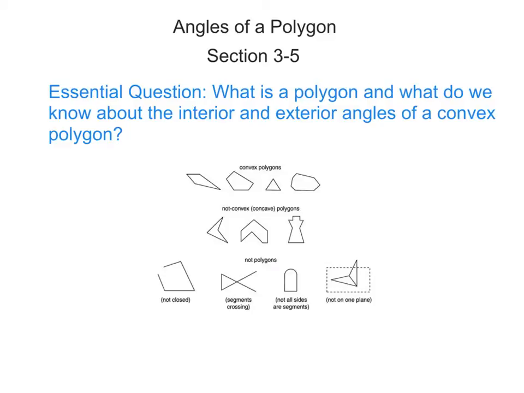Then the bottom row shows examples that are not polygons, either because they're not closed, segments are crossing, not all sides are line segments, you can't have a curved side, or it's not all in one plane. So this pretty much describes what we mean by polygons.